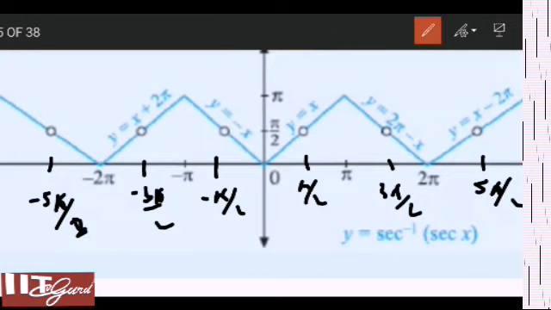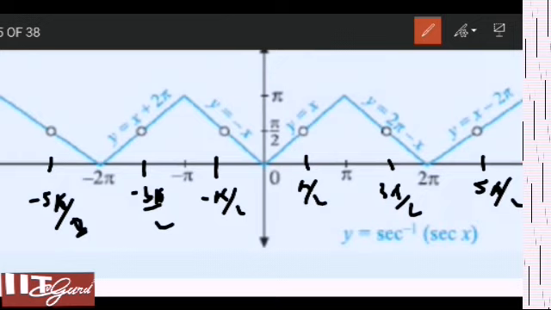This graph is just of the cos inverse cos x type. So you have to remember that the sine inverse sin x graph is analogous to cosec inverse cosec x, except those points where sin x is not defined; we have to discard those points in the graph of cosec inverse cosec x. Similarly, sec inverse sec x is actually cos inverse cos x.